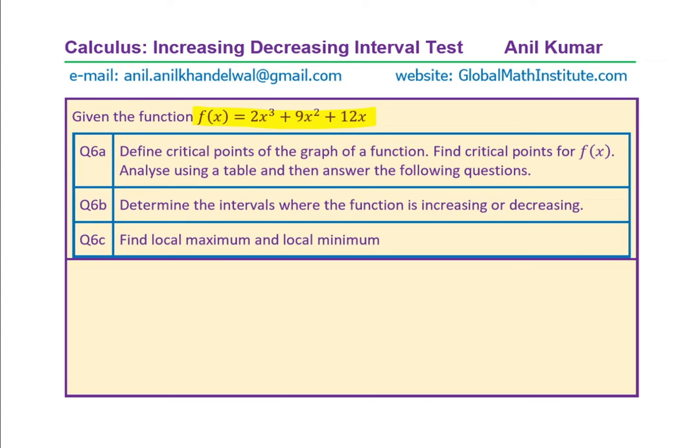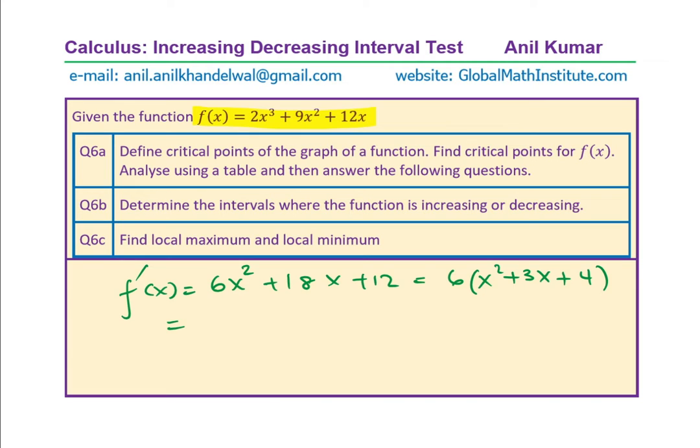Question 6. Straightforward. Write down the function, find critical numbers, and then do the needful, right? You know, the derivative of this function is what? 6x squared plus 18x plus 12, right? You can factor 6. So it becomes x squared plus 3x plus 2.